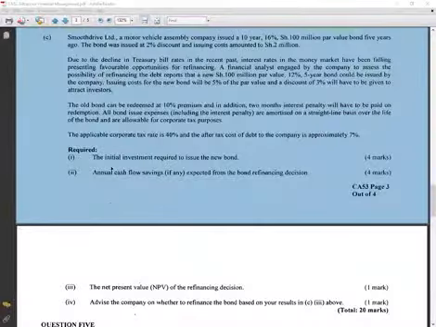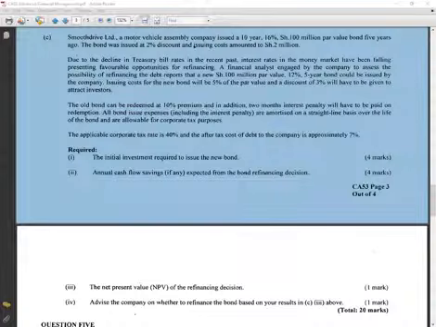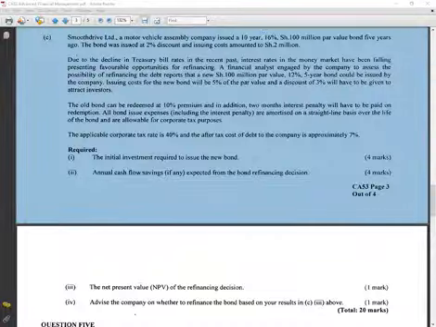Now, listen. We are told up here, this old bond information is given up here. The bond was issued how many years ago? 10 years ago. And the bond was issued at what discount? 2% discount.